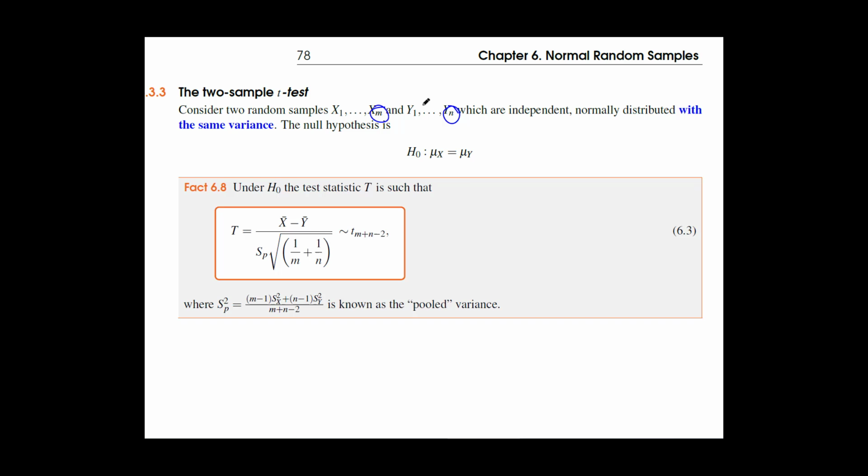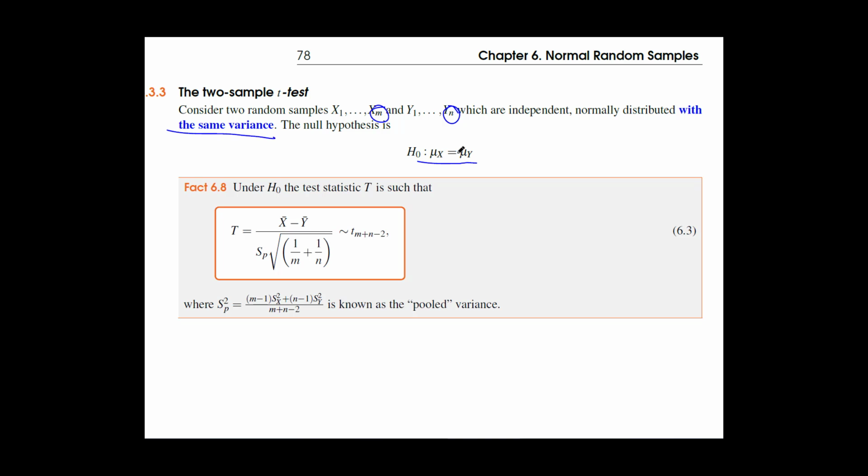Now we are going to assume that they have the same variance, because otherwise it gets a lot more complicated. So both x and y may or may not have the same mean. That's your null hypothesis, right? But they do have the same variance.